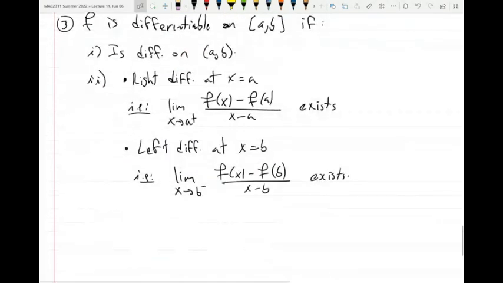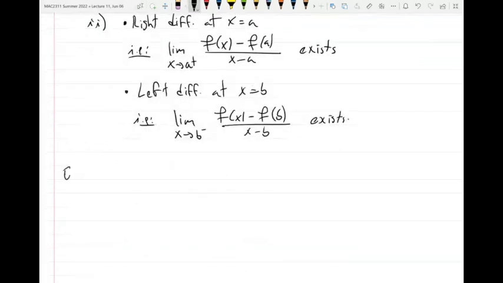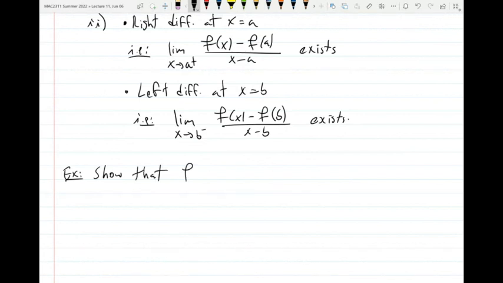Okay. So let's do an example. Show that the function absolute value of x minus 1 is not differentiable at x equal 1.